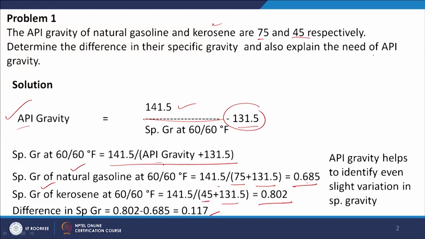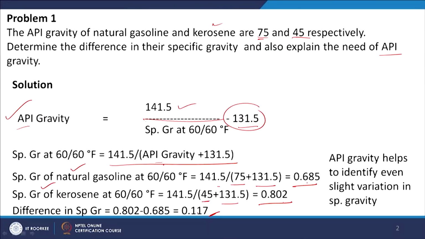Now, the last part is what is the need of API gravity. We have the specific gravity definition, so what is the use of API gravity? You see, the difference in API gravity is 30, that is 75 minus 45, for a very small difference in specific gravity, 0.117. If there is some other liquid fuel in between, say between 0.802 and 0.685, the difference will also be small. So, the smaller the scale, the more difficult it is to identify the different components.